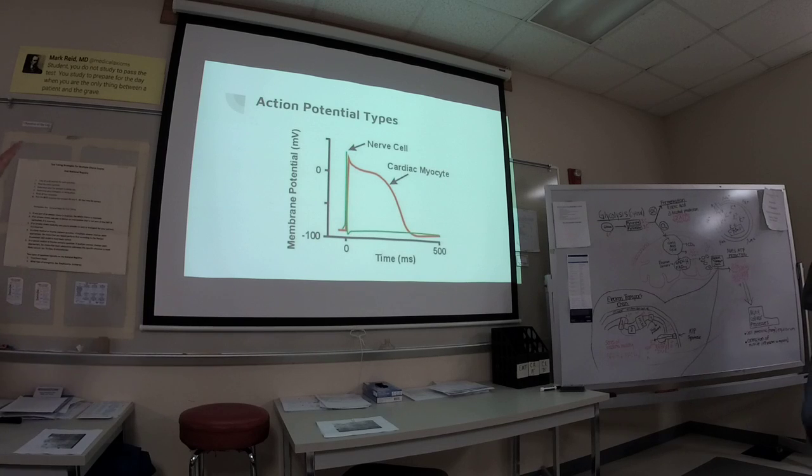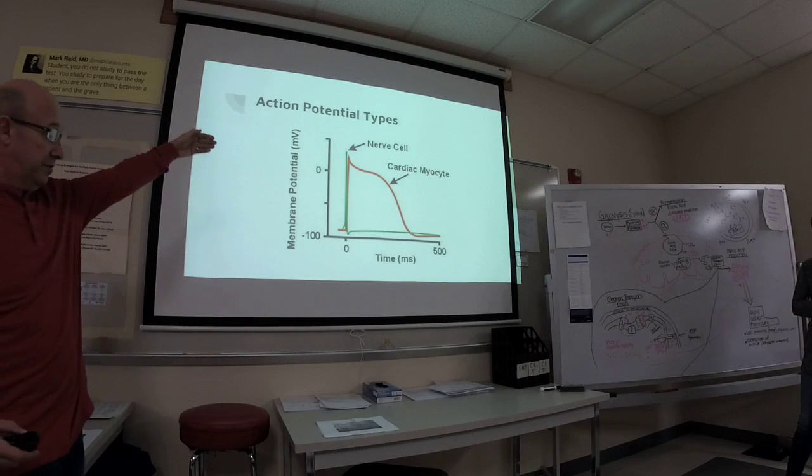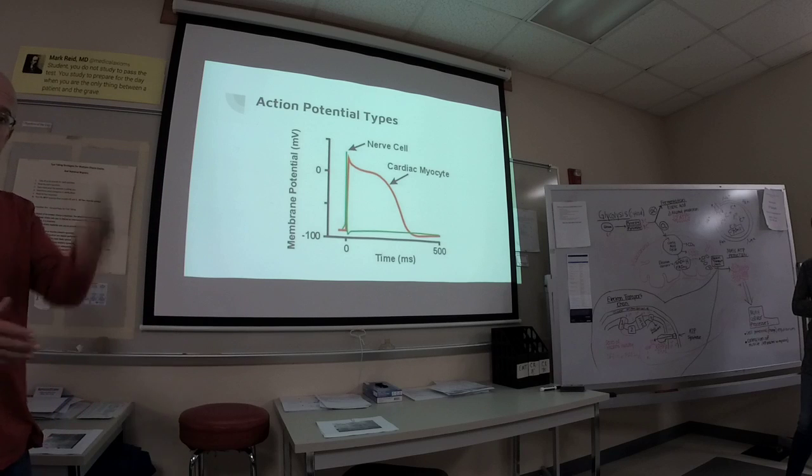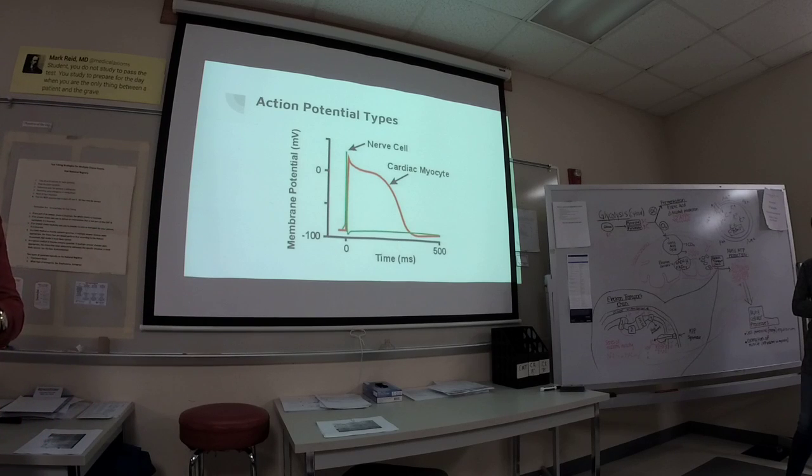It's very fast and it's good for a short amount of time, but it's not good over distance. So we couldn't have an electrotonic potential in the heart, because it doesn't do well over distances. It only does well over a short amount of time, like me picking up the remote, or a quick nerve muscle contraction, okay?